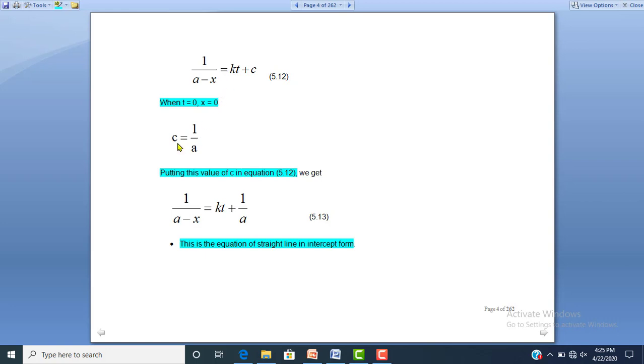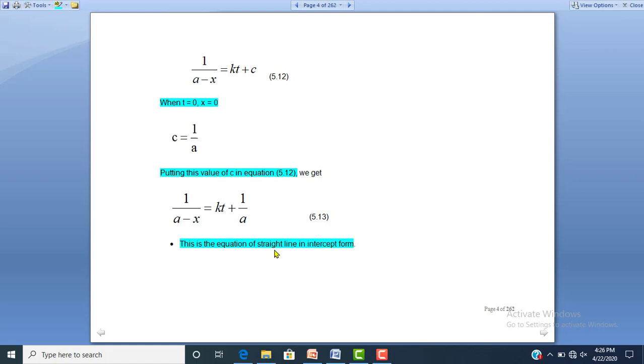So the value of c is equal to 1 over a. What is a? A is the initial concentration of reactant. Now put this value of c, 1 over a, in equation 5.12, which says 1 over a minus x is equal to kt plus c.